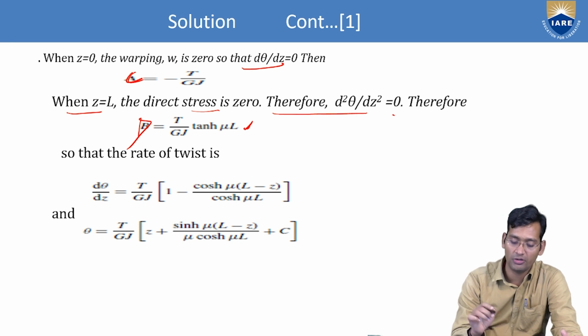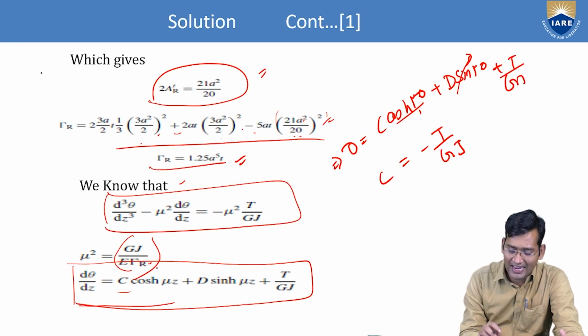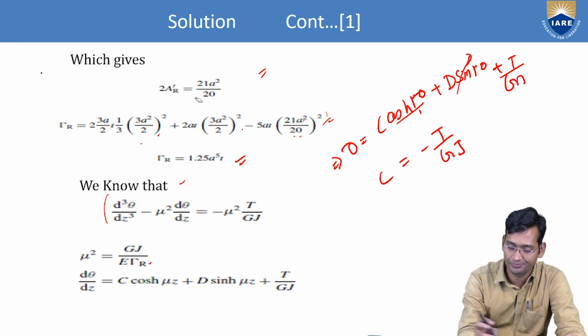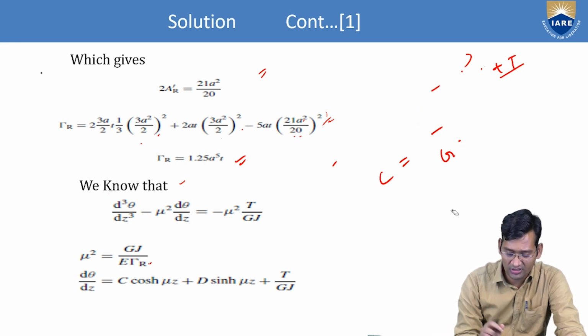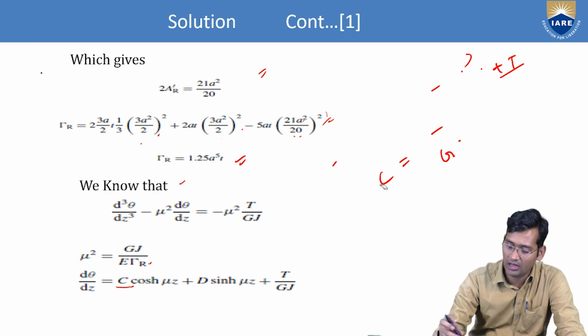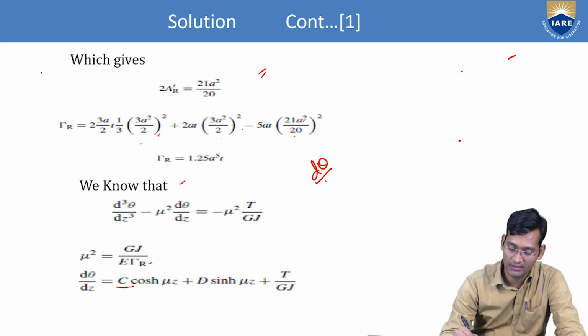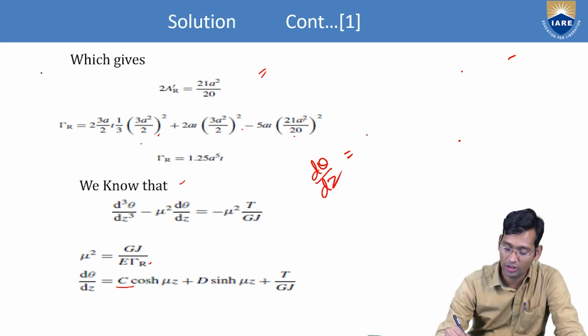Now just substitute the values of C and D here. So after substituting C and D, what will we get? Right, so just substitute the C value. So what do we have? d theta by dz equals C, what we got?